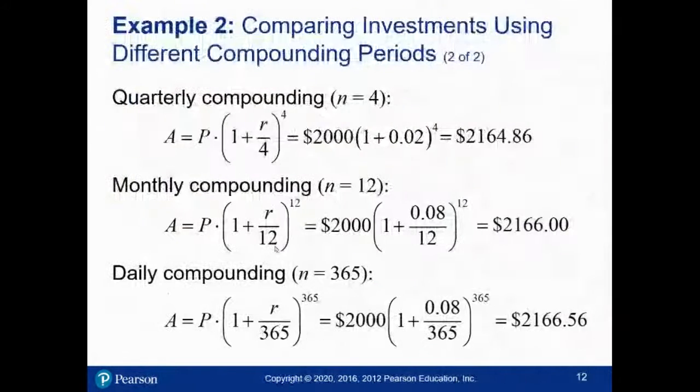So what if I said, I'm not compounding every day. What if I did every hour? Then the number of compounding periods would be 365 times 24, because there'd be 24 hours for every day. You know what? I bet the result is 2166.57, maybe. It might just still be 0.56.